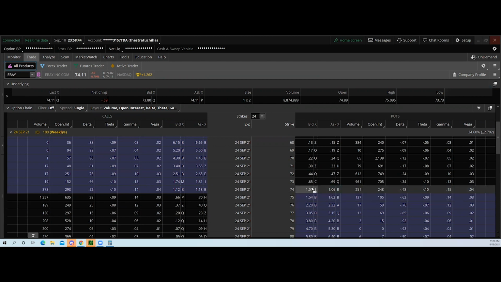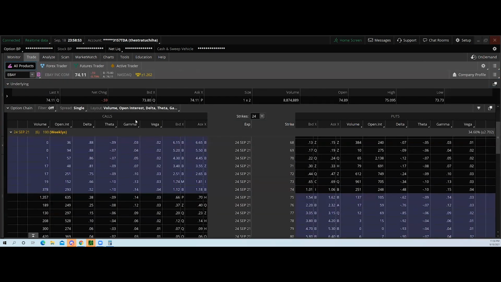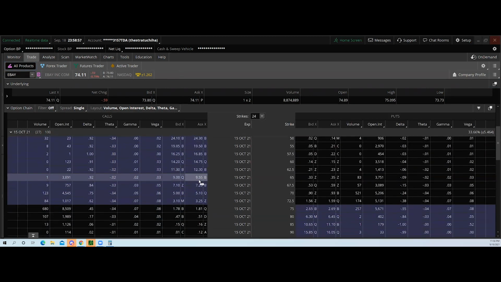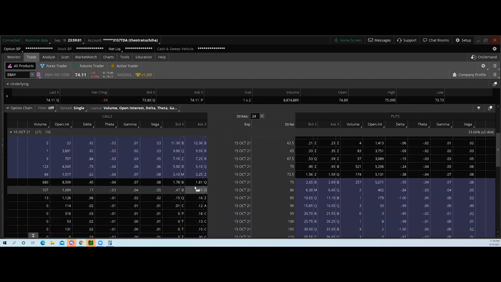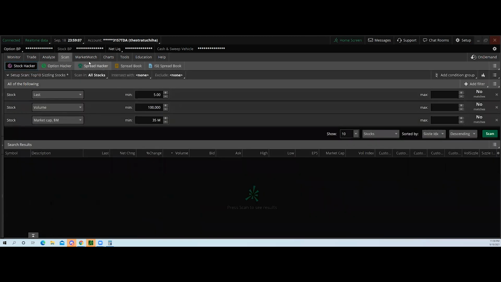And then for puts, you can go with like the 73. Let me see what they got going on this October contract. Yeah, it's a lot of people at the 75 and most people on the put side. So yeah, we'll see how eBay plays out.